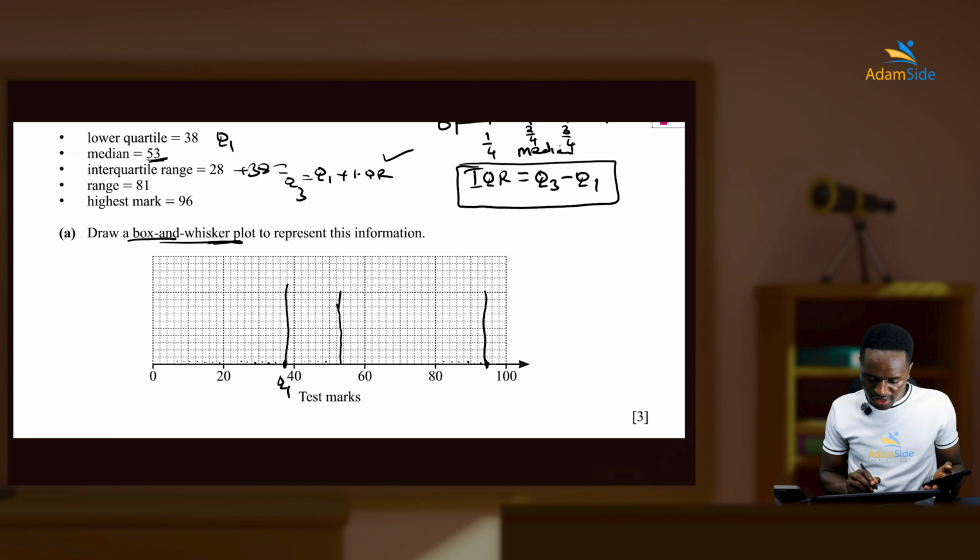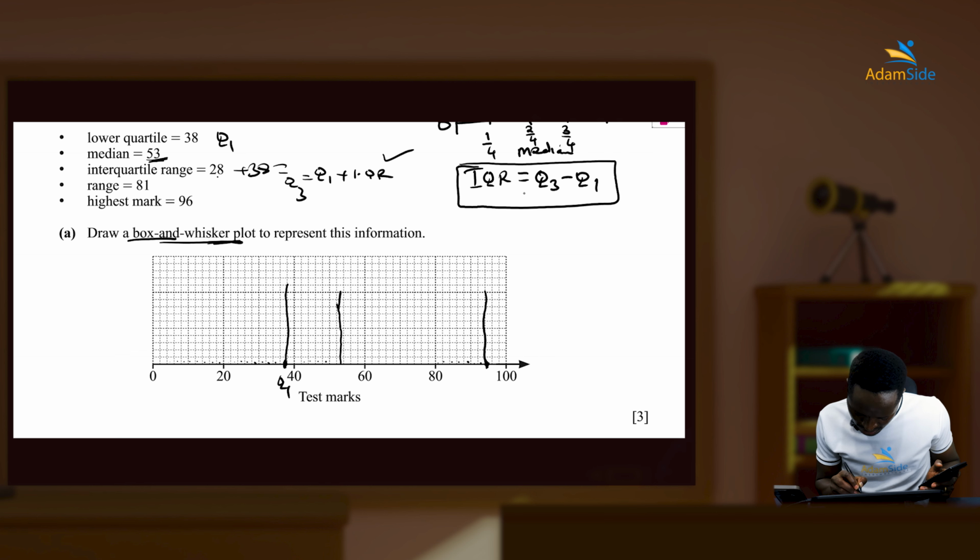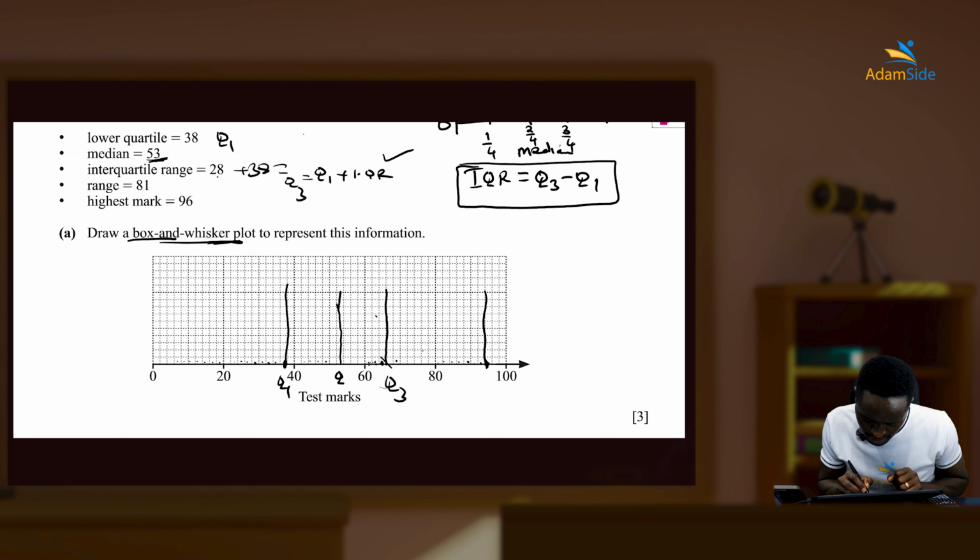So you take the lower quartile, 38, plus the interquartile range to get Q3. If you get that, there is also a mark for it. So it's at 66. This is Q1, this is Q3, and this is Q2.